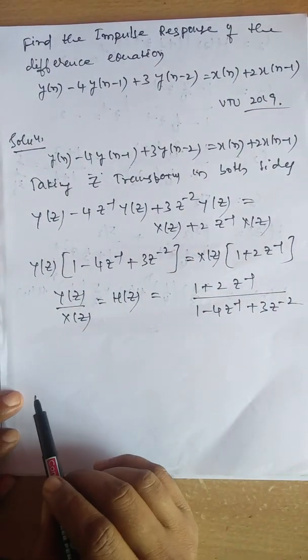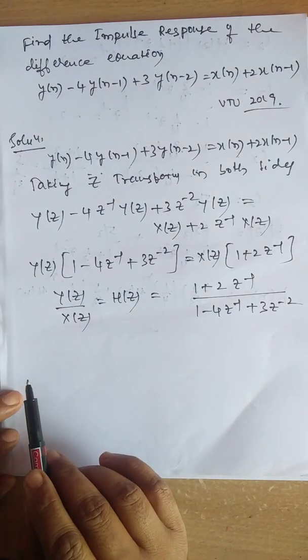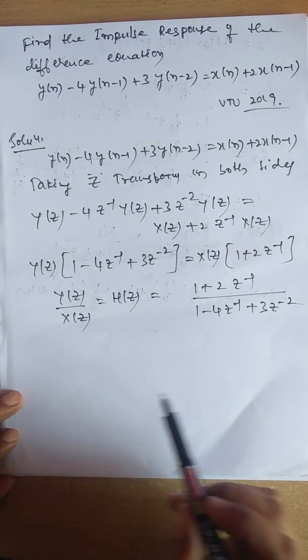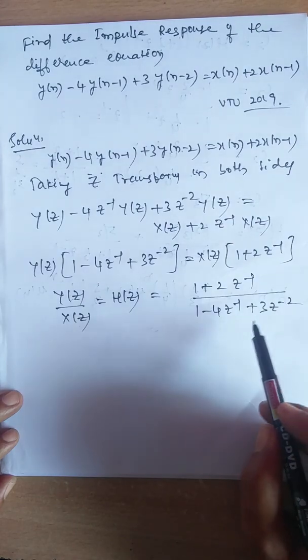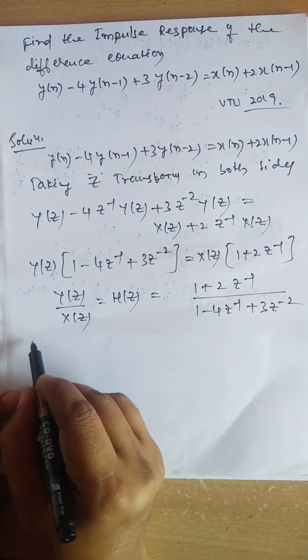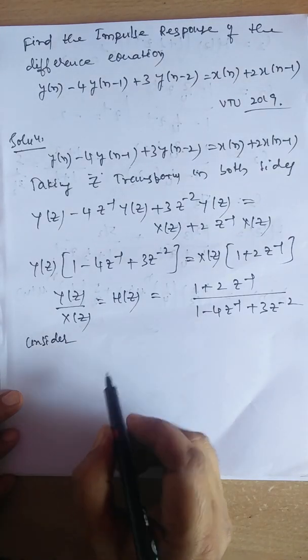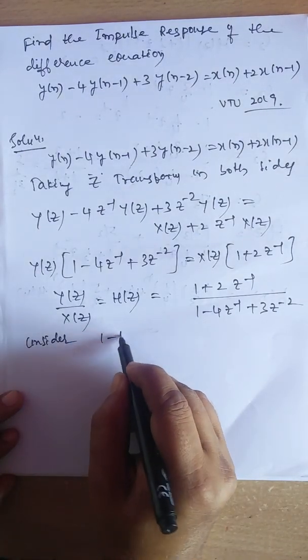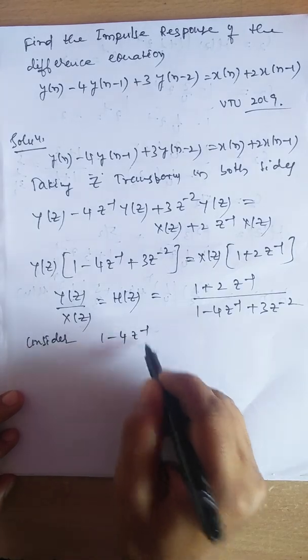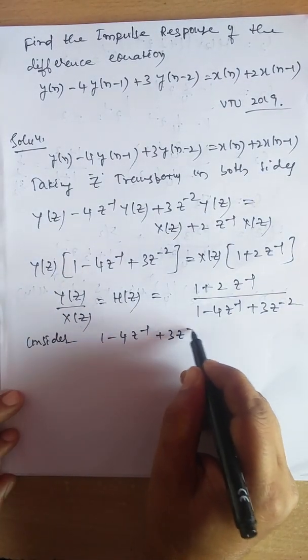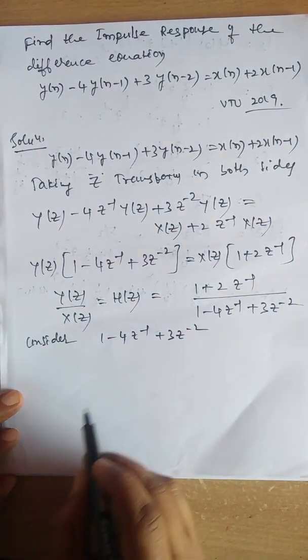Now we can find its impulse response h(n) by taking its inverse z transformation. To go for the inverse z transformation, let us factorize the denominator polynomial. This we are doing by the partial fraction expansion method. Consider 1 − 4z^(−1) + 3z^(−2).